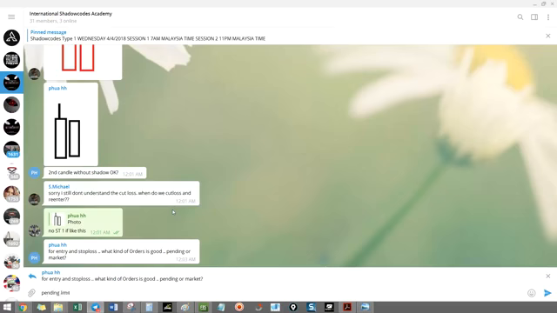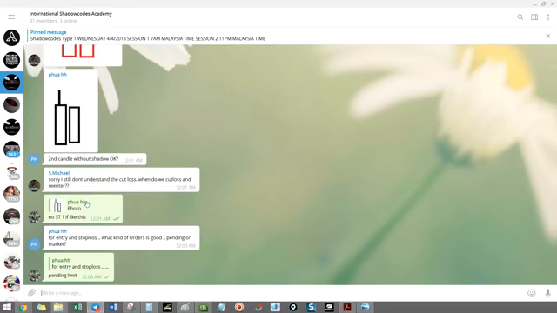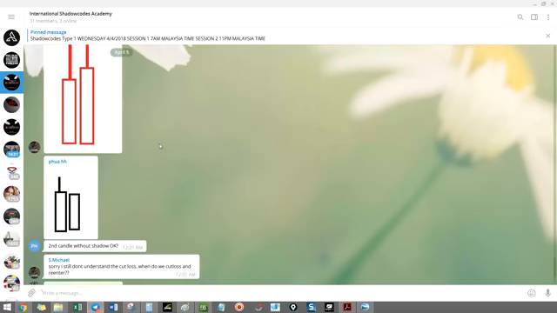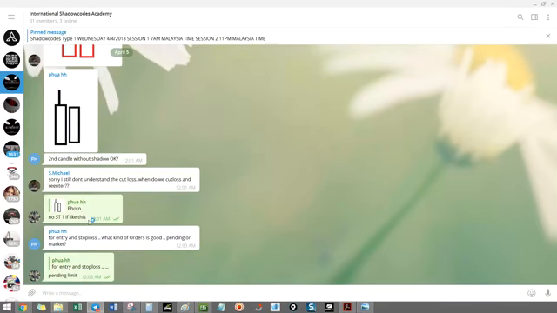Pending limit for entry, and cut loss manually. No instant for Shadowcode type 1. You can also use instant to see the rejection, but you will not get zero drawdown. But you will have your confirmation.